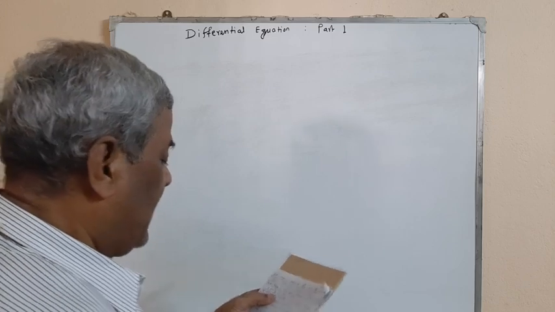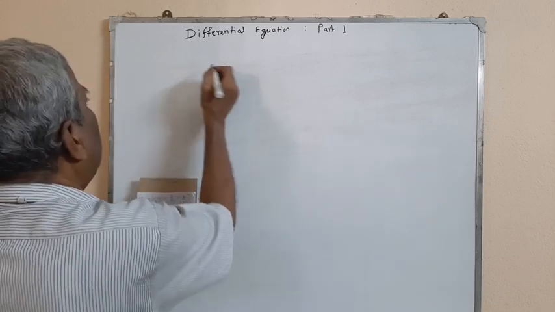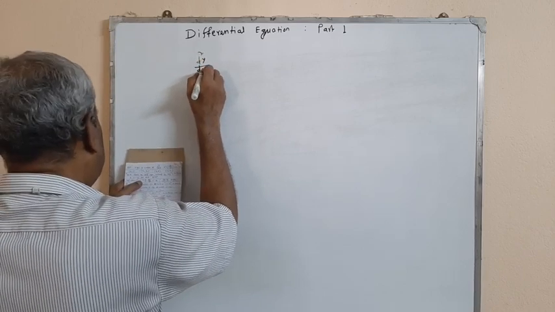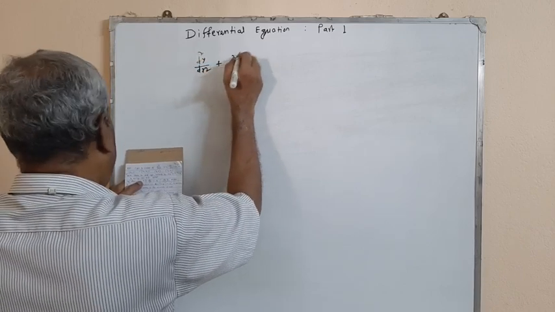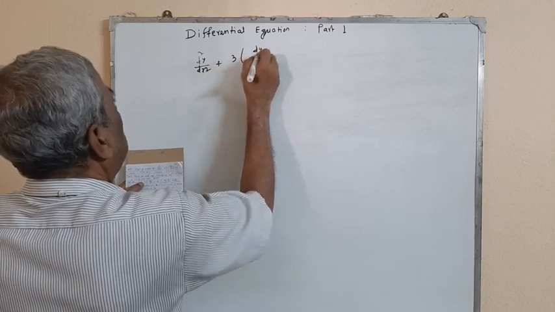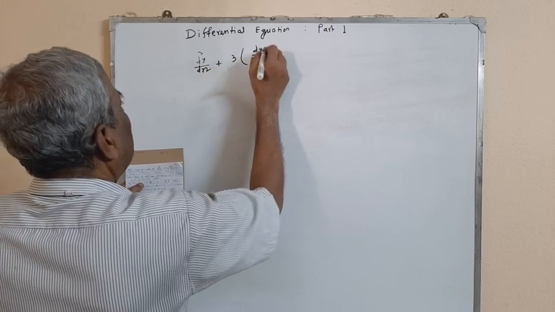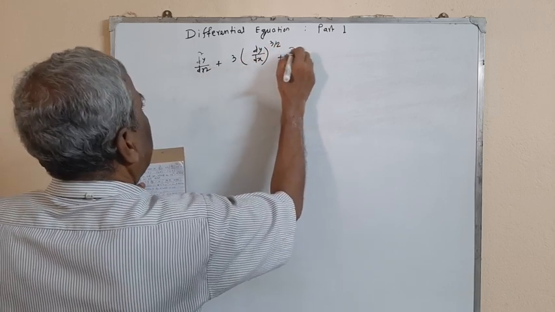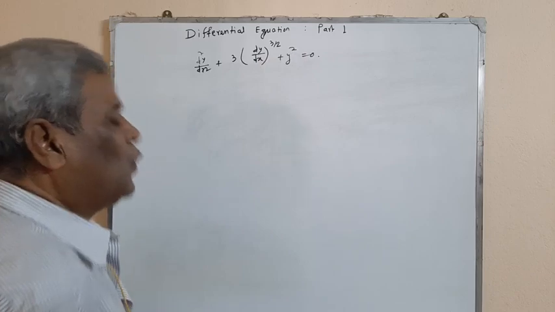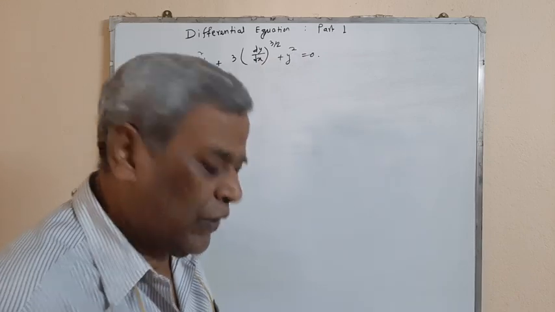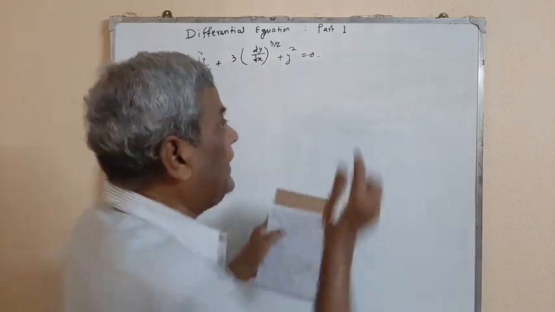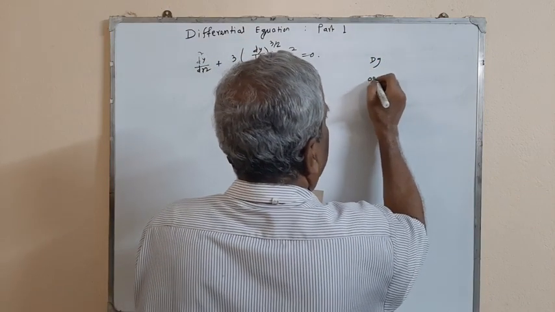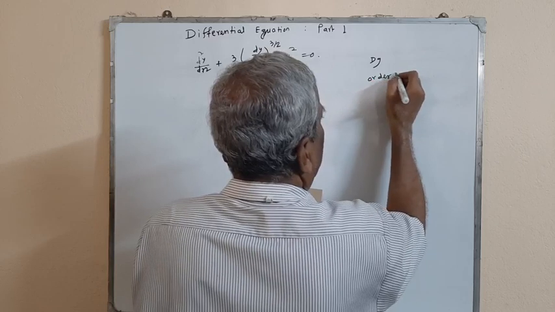The degree and order of the differential equation d2y/dx2 plus 3 (dy/dx) to the power 3/2 plus y square is equal to 0. We have to find the degree and order of the differential equation.